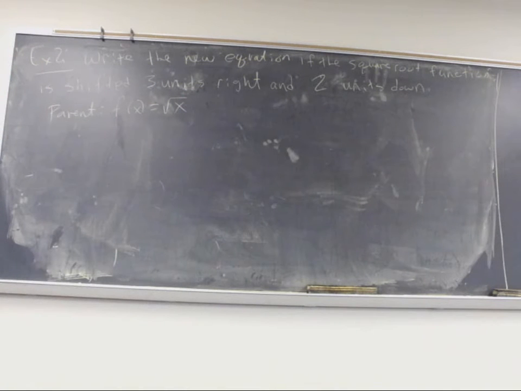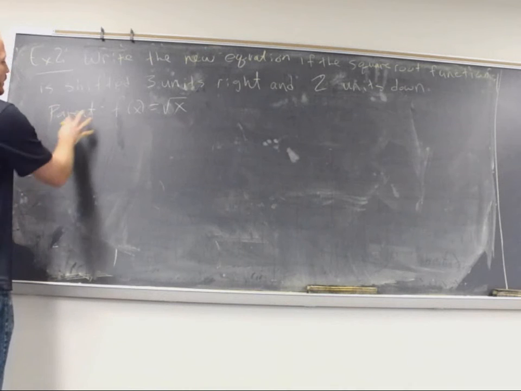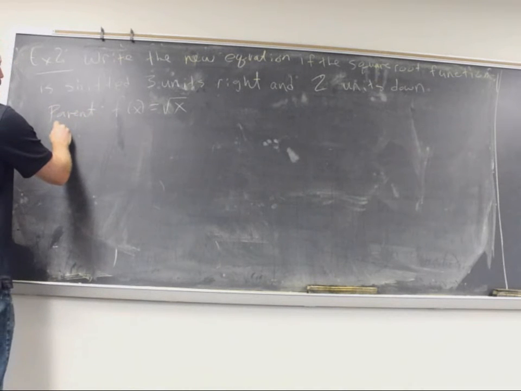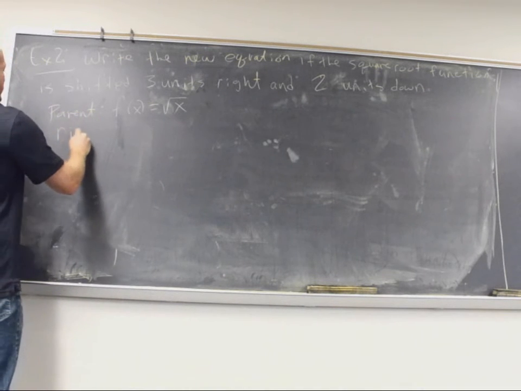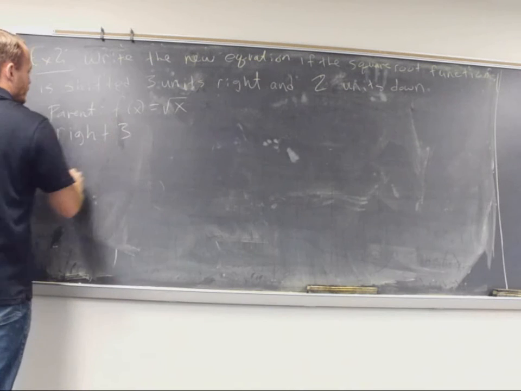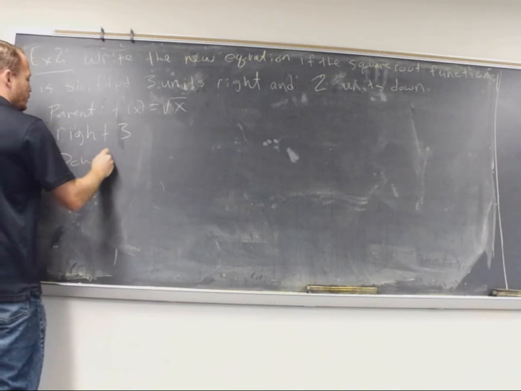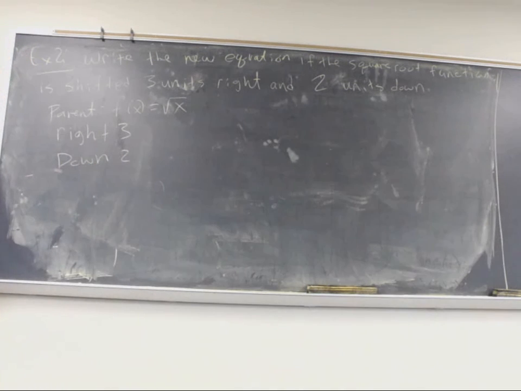I'm looking for the new function where it applies these transformations to that parent function. Just so I have everything condensed here: here's my parent, then I'm going right 3 and down 2. So that's all the info I need to be able to get this going.